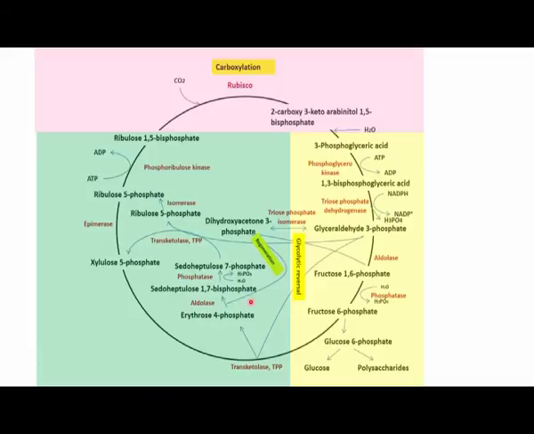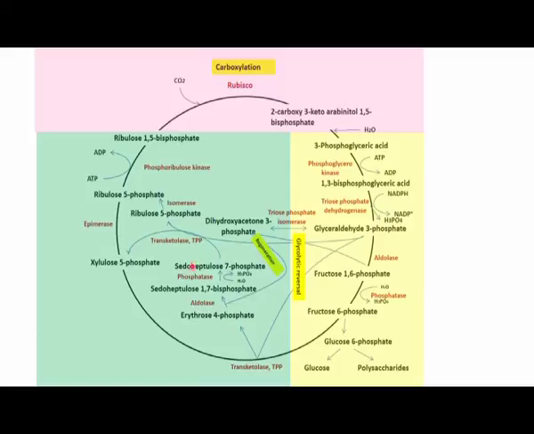Once the sedoheptulose 1,7 bisphosphate is formed, it then reacts with glyceraldehyde 3 phosphate to form one molecule of xylulose 5 phosphate and one molecule of ribose 5 phosphate.